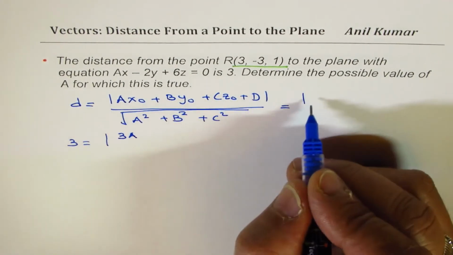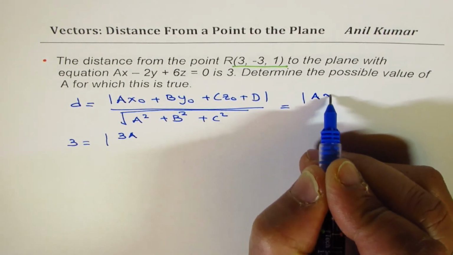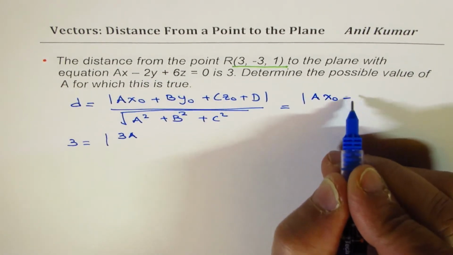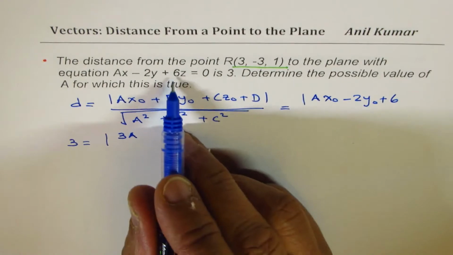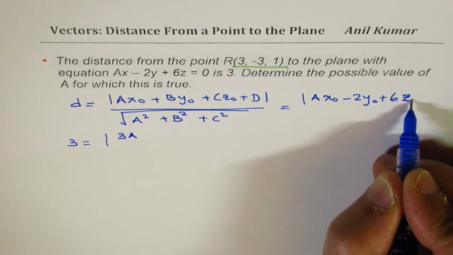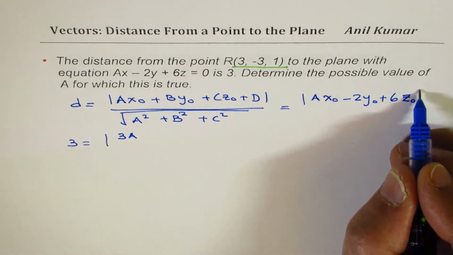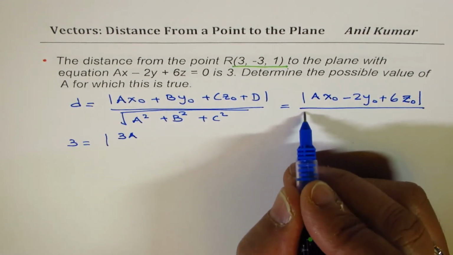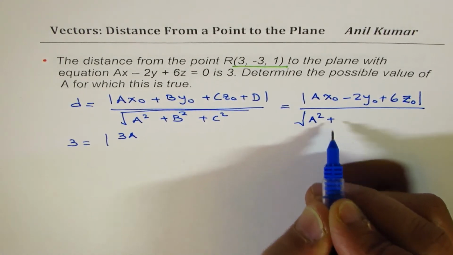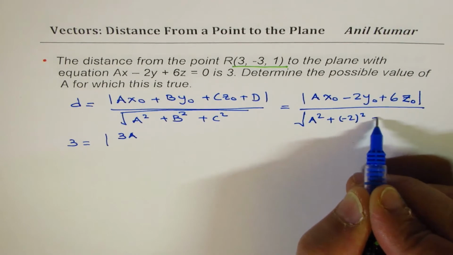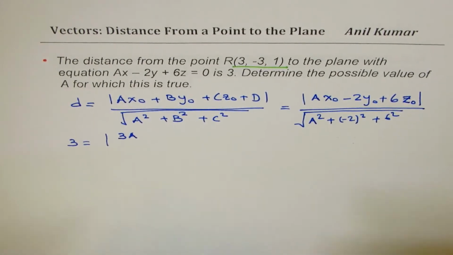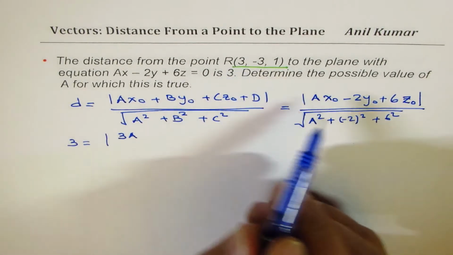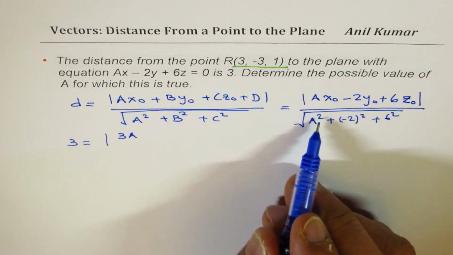Let me rewrite the equation first. So what we have here is a times x0, b is -2 times y0, plus 6 times z0, D is 0, right? So that is all over the square root of a squared plus (-2) squared plus 6 squared. That is what we have. Now we will substitute the x, y, and z points right here.